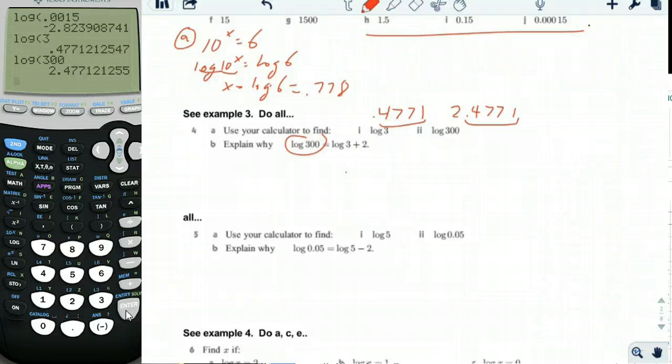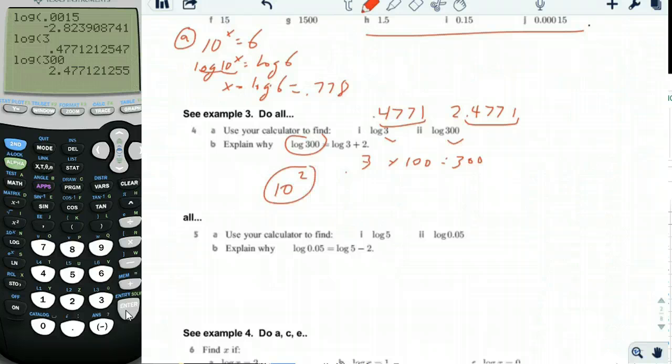Well, I guess it kind of makes sense because, look, the relationship between 3 and 300 is one is 100 times the other, right? 3 times 100 is equal to 300, right? And remember that logs are exponents of 10.